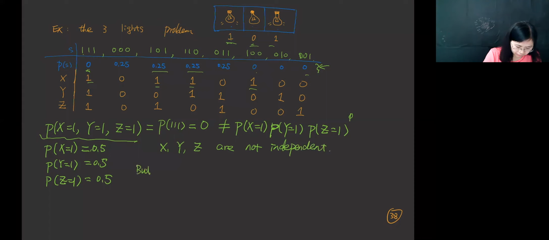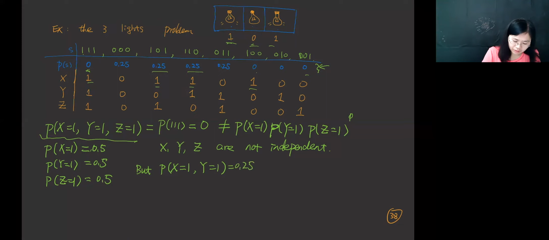But pairwise, they are independent. You see, probability that x equals 1 and y equals 1, which is the sum of this event and this event, is 0.25.